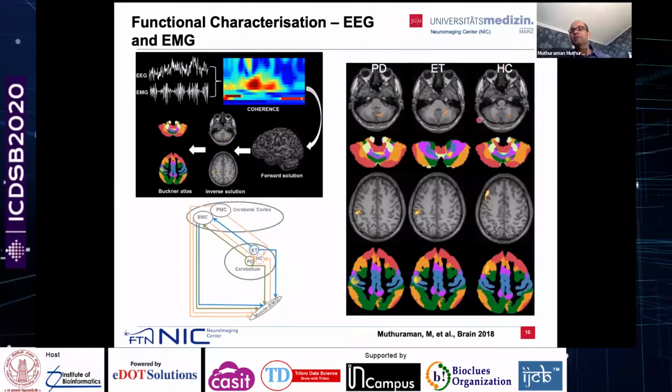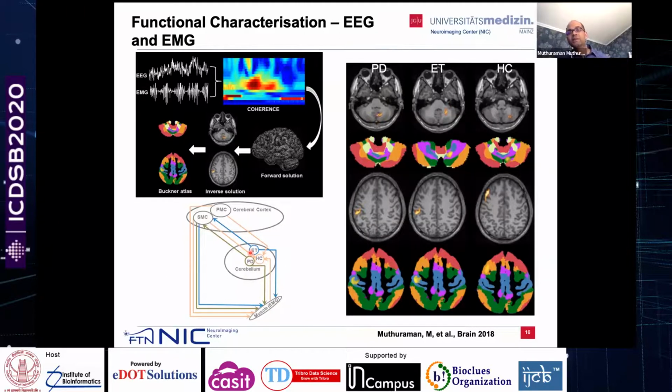And then we find subtle differences in certain regions of the brain. And using this connectivity analysis, we can also show which are the differences. So this is healthy control, and these are the patients. You can see there are differences in the connectivity, because you can then use this information for stimulation of these patients.